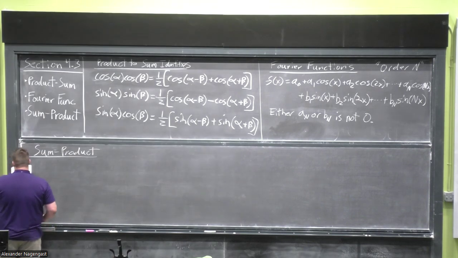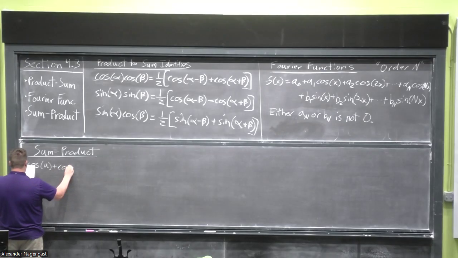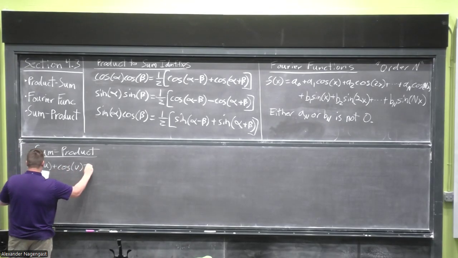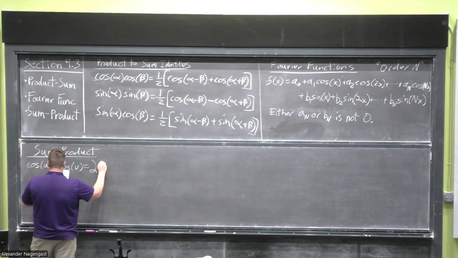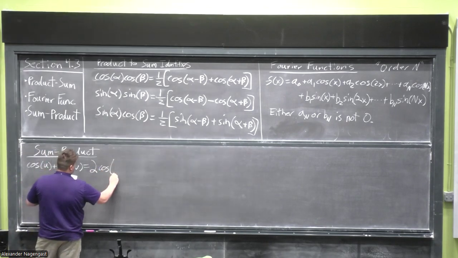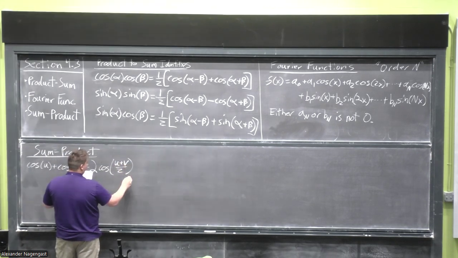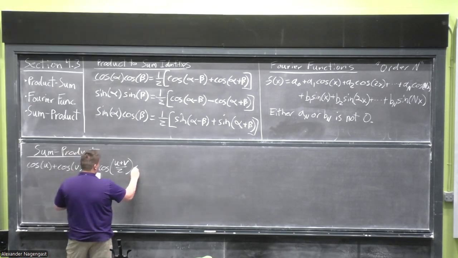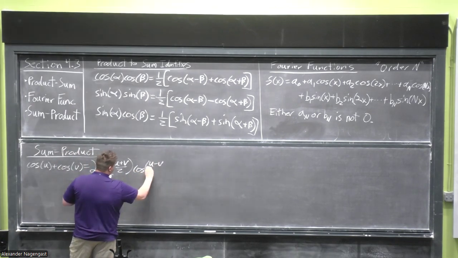So with these identities, we have cosine of u plus cosine of v is equal to 2 times the quantity of cosine u plus v divided by 2 times cosine of u minus v divided by 2.